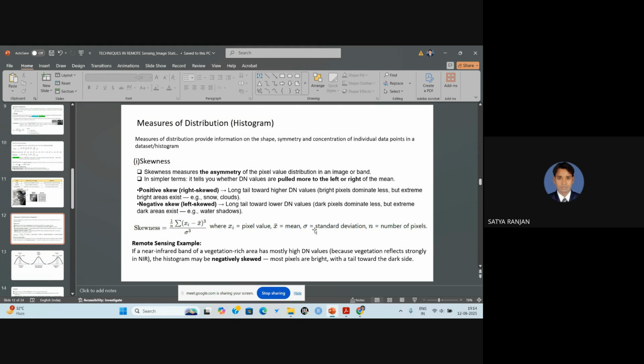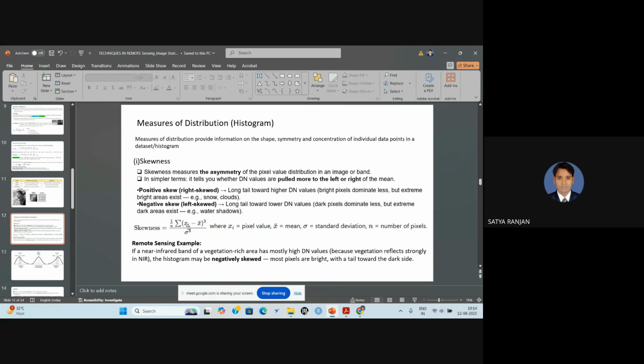Then the histogram is a distribution that provides information on the shape, symmetry, and concentration of the data. So how is it distributed? Skewness measures the asymmetry of the pixel value distribution. Positive skew has a long tail towards the higher DN values, and negative skew has a long tail towards lower DN values.